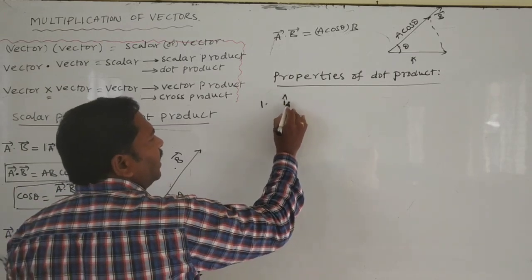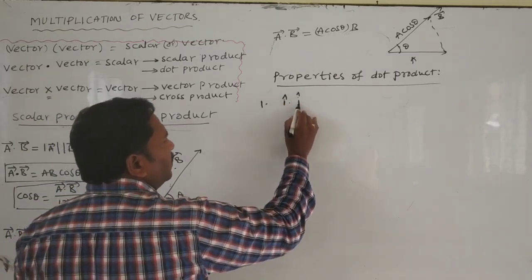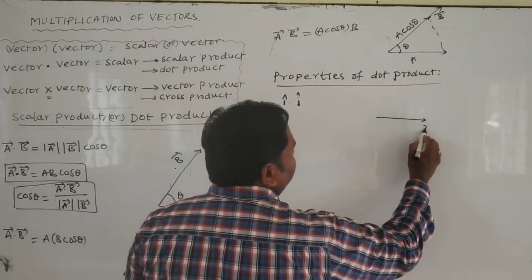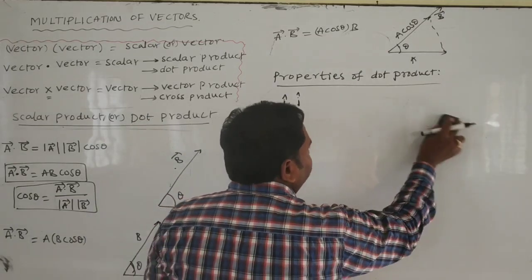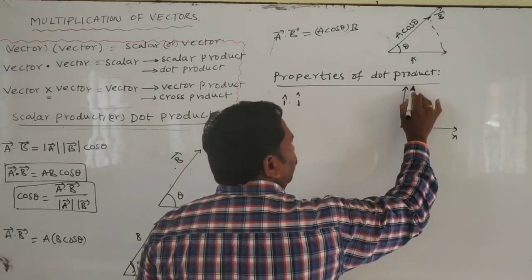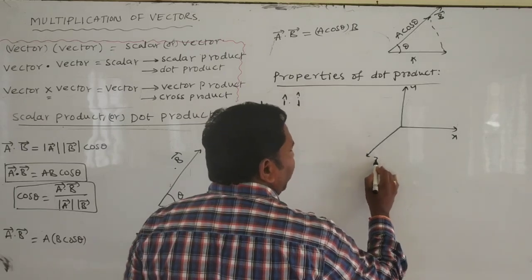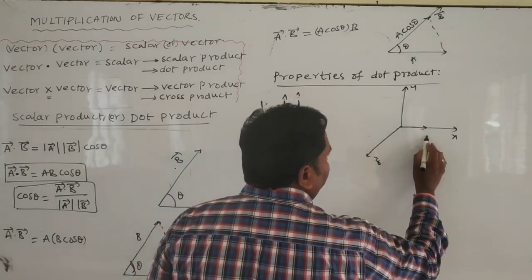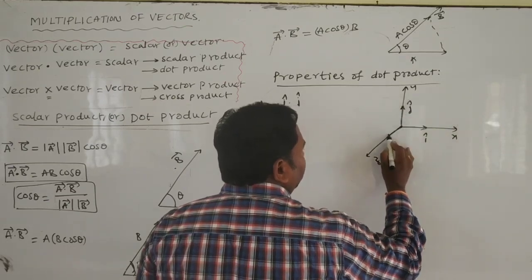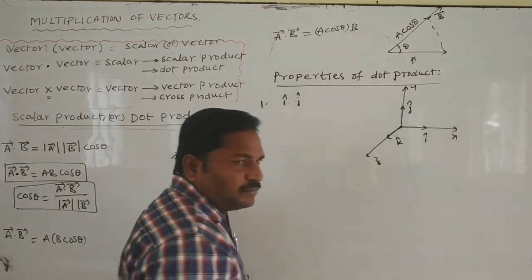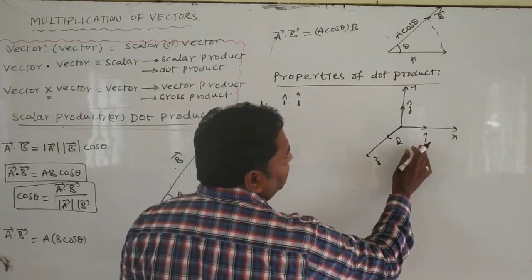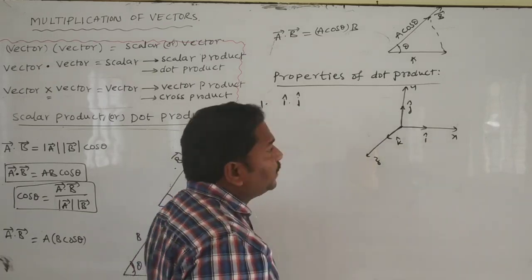I cap dot I cap is equal to how much? First, this is the x-axis, y-axis, z-axis. In this direction I cap, in this direction j cap, in this direction k cap. I cap dot I cap. So what is the angle between I cap and I cap? 0.